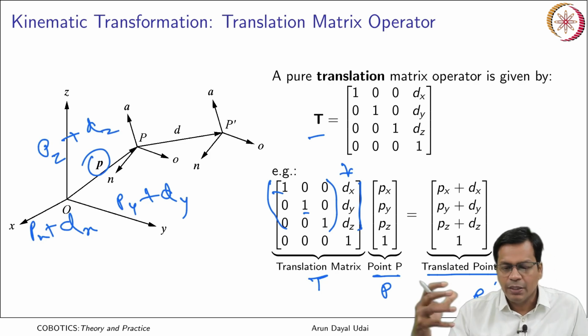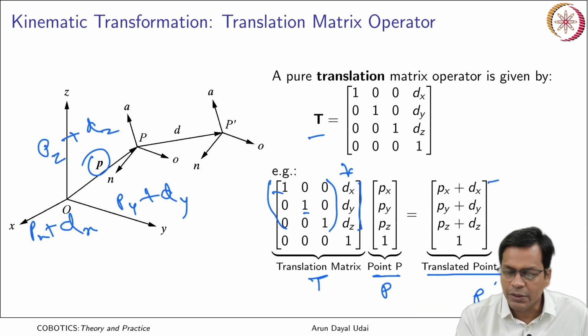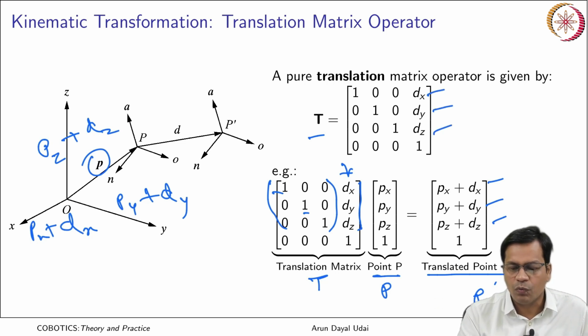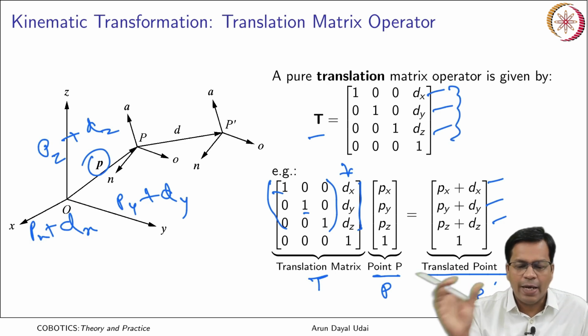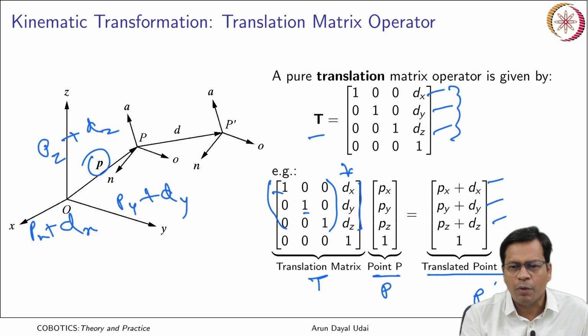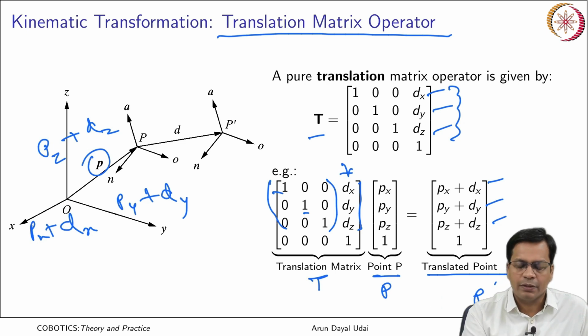These are the individual translations along each axis, and those were put over here as dx, dy and dz. Whatever element goes here, the value that comes here is the value that is added along each orthogonal axis. This is how it is capable of transforming your point from P to P dash. This is known as a translation matrix operator.